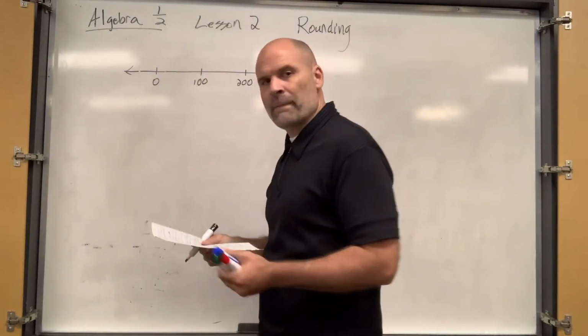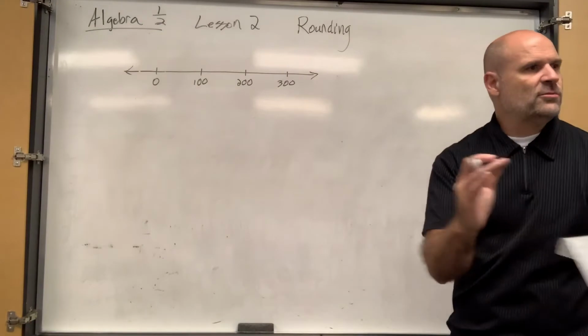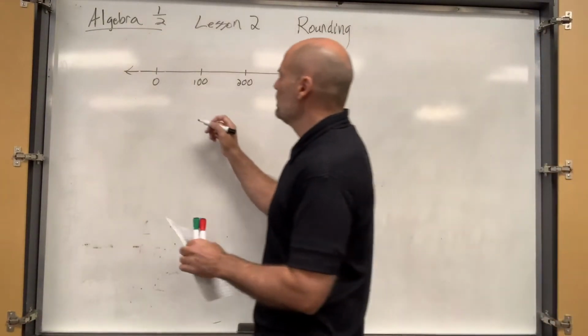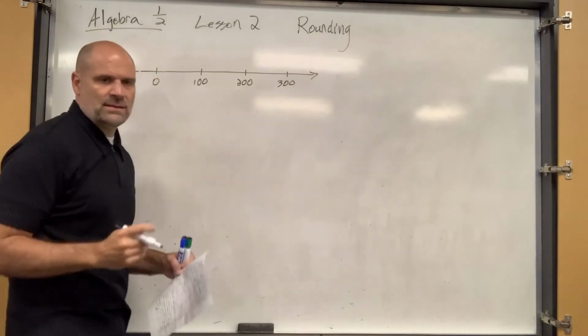So what happens if you go from 100 to 1,000? Well, then you'd probably have to condense it a little bit more, right? But you could go from 0 to 1,000, and then over here would be 2,000, things like that.